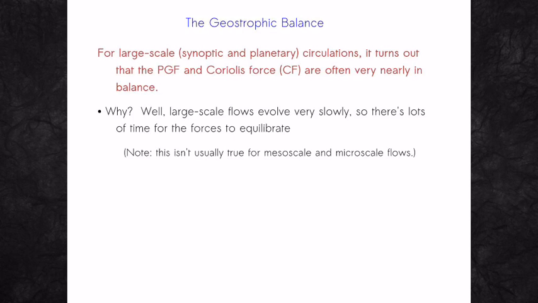It takes them a long time to evolve, and because of that, there's a lot of time for these forces to equilibrate. If they're not quite in balance, they'll eventually come to an equilibration where they balance each other out. That's the basic reason.